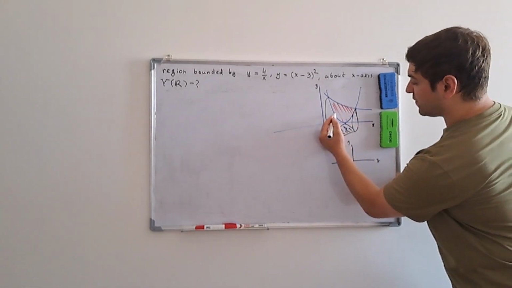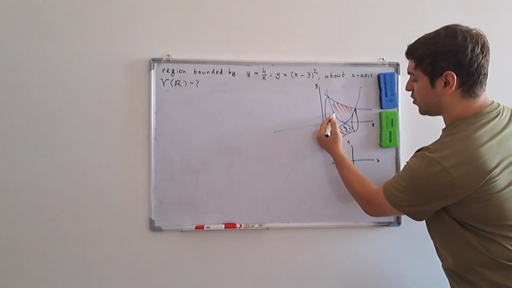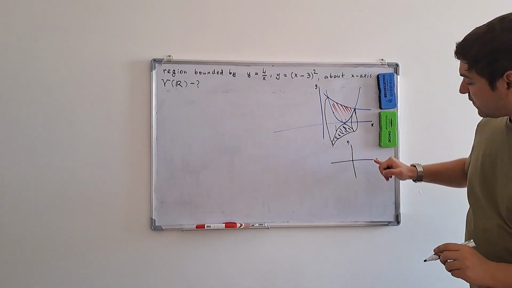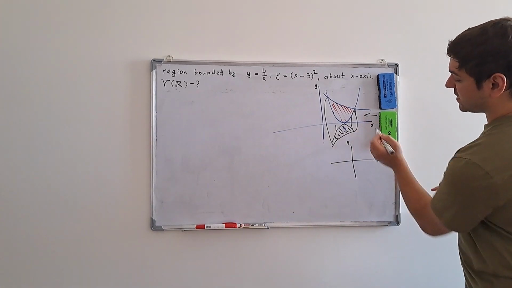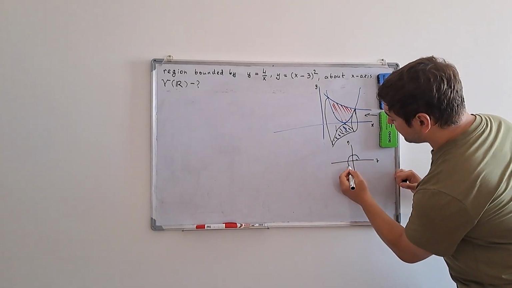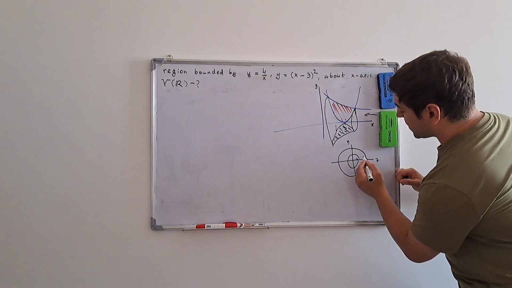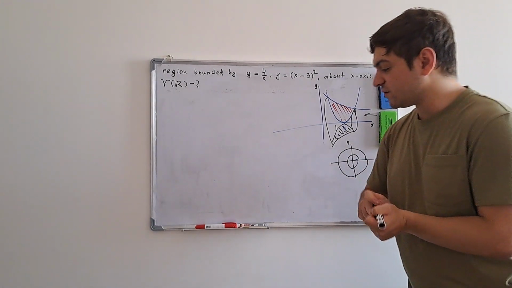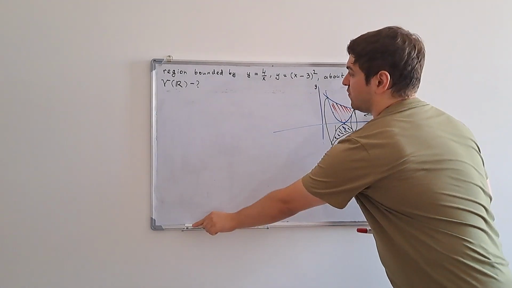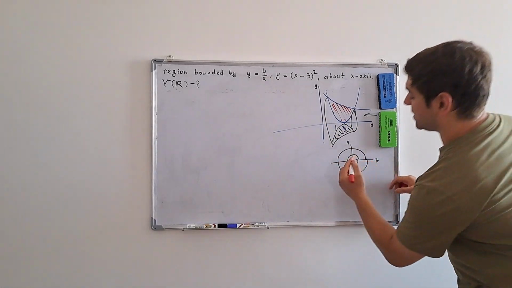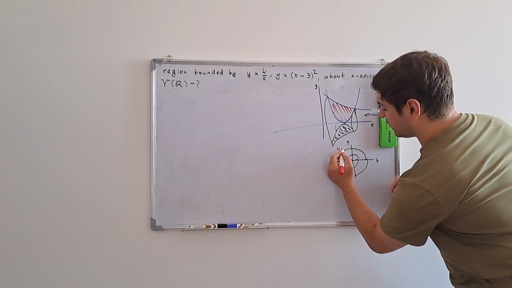If you look, for instance, at this point, from this perspective, that is from this side, you'll notice that we have two circles. The radius of the bigger circle will be 4 over x.